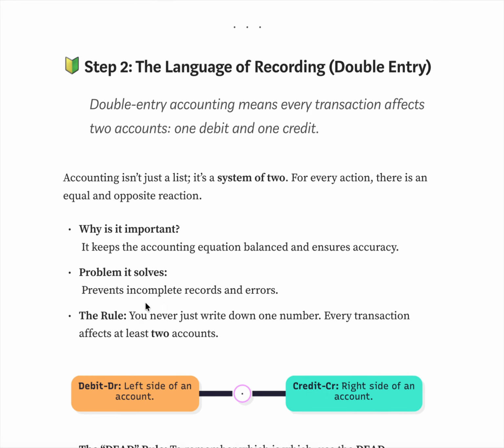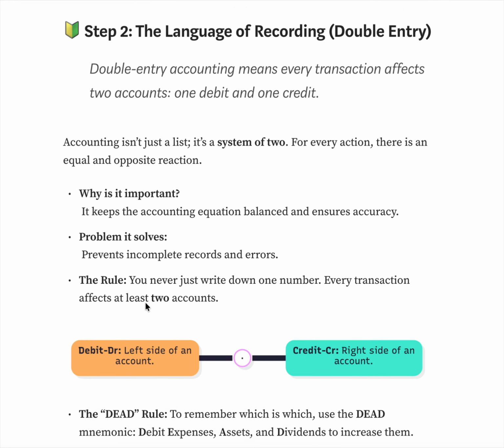Now let's understand the language of recording. Double entry accounting means every transaction affects two accounts. One is debit, another is credit. So accounting isn't just a list, it's a system of two. Whenever expenses occur, you don't just make a list.